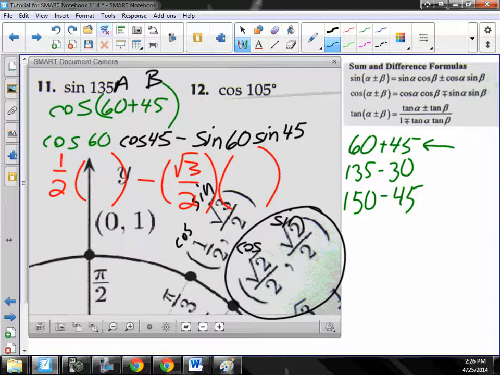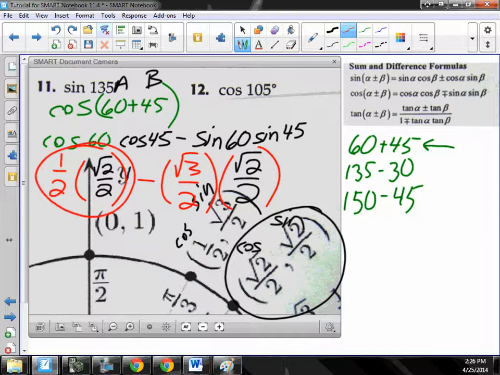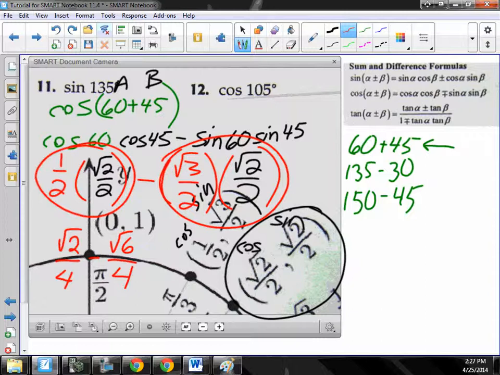So cosine is root 2 over 2. Sine is root 2 over 2. So if I multiply those together, I get root 2 over 4 minus, if I multiply those together, root 6 over 4. They already have a common denominator. So it's just root 2 minus root 6 over 4.